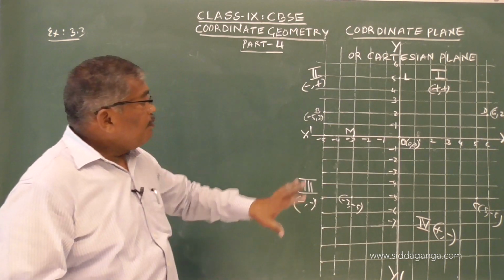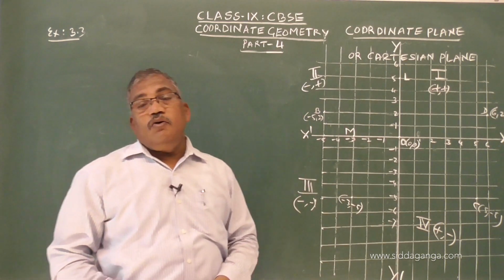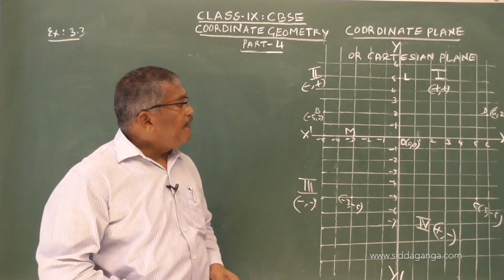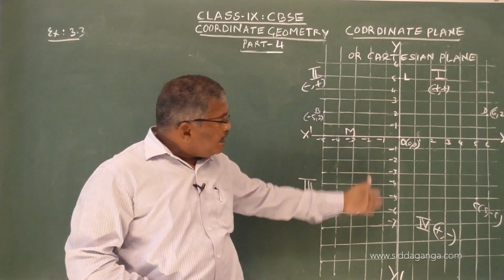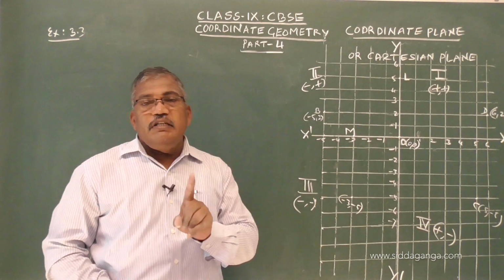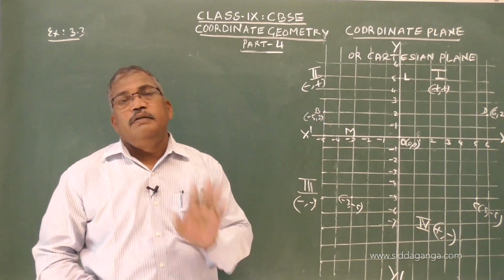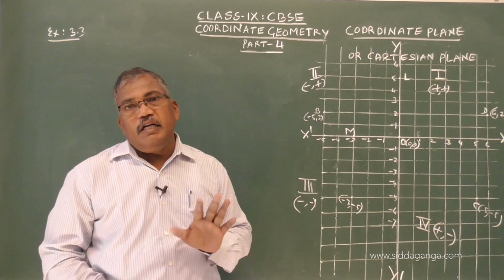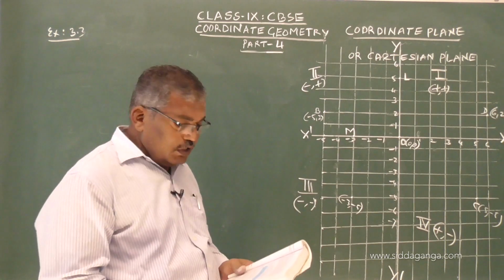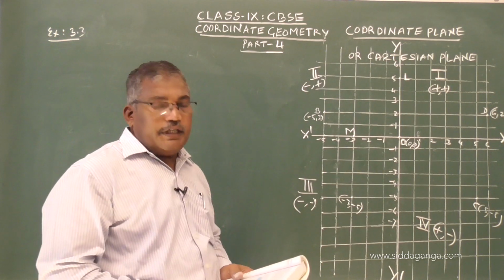So you prepare the coordinate plane on the graph page. Put the X and Y axes in the middle of the page. For every 1 centimeter you take 1 unit, so that will be convenient for you to read the things.